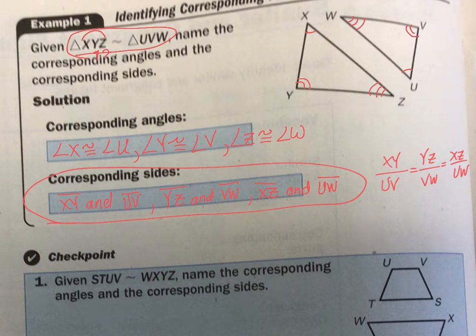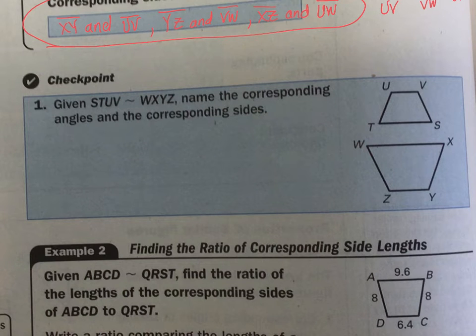Remember what I said it means? 4 vertices means it's a quadrilateral. So basically what this says is quadrilateral STUV is similar to quadrilateral WXYZ.